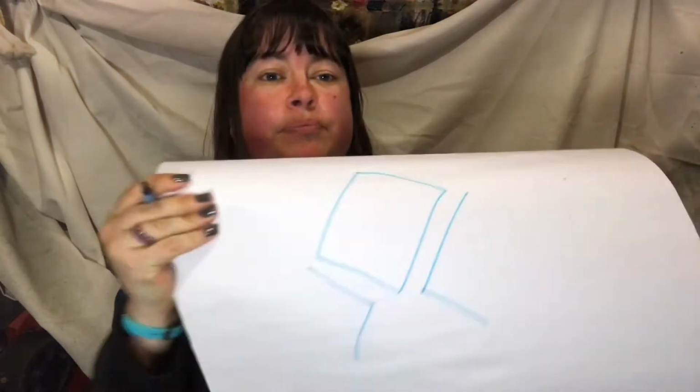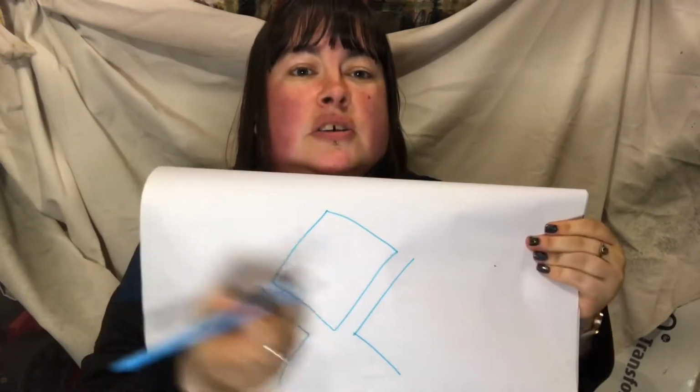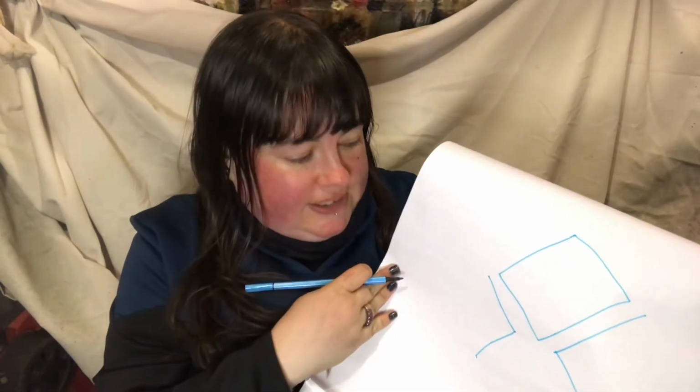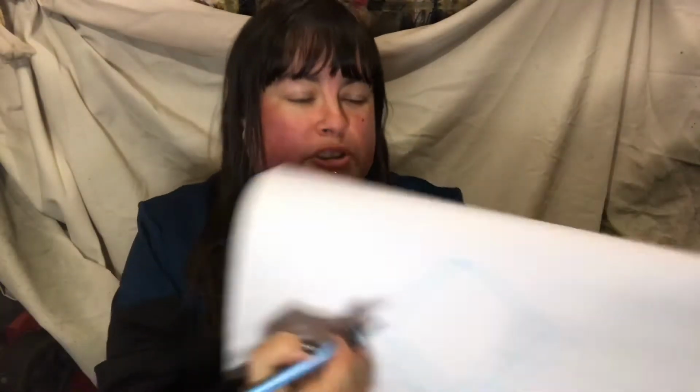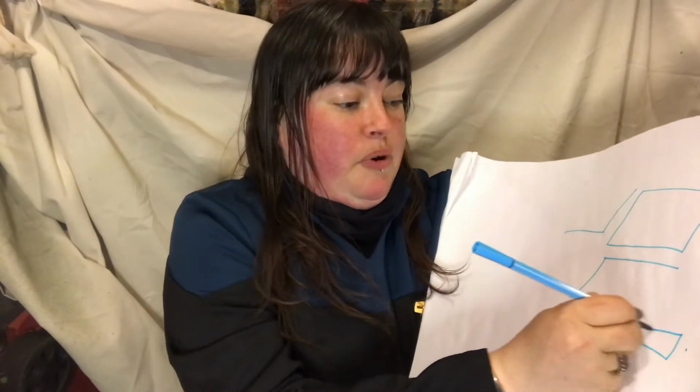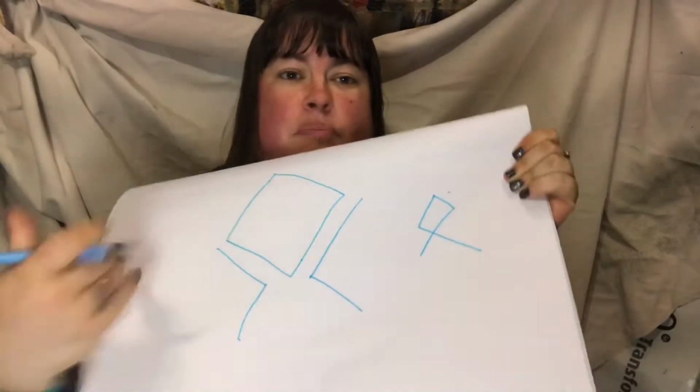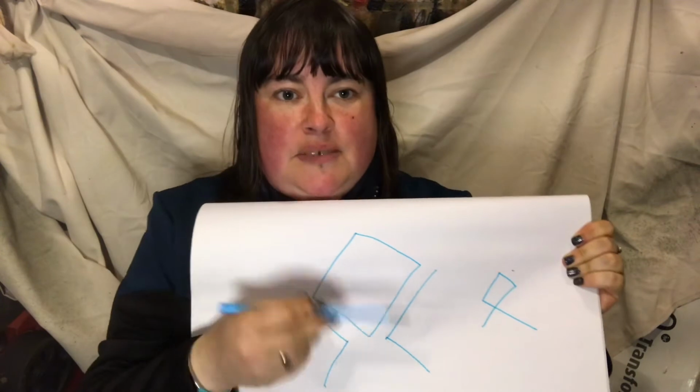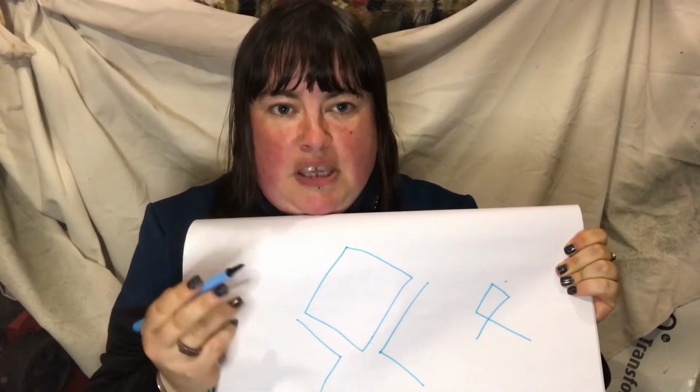So this symbol is all over the Timekeeper's chambers, and this is very reminiscent of the O symbol. I'm just going to do it properly this time. That's the O symbol, and then this is the symbol that's all over the Timekeeper's lair.